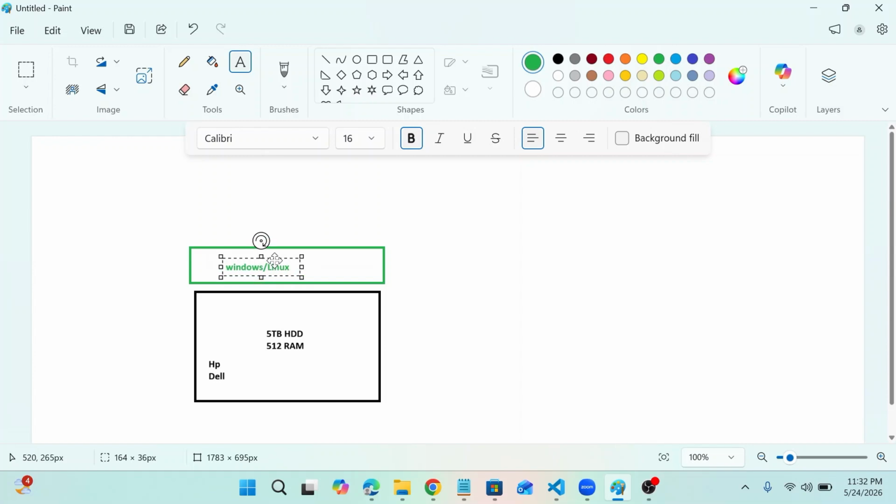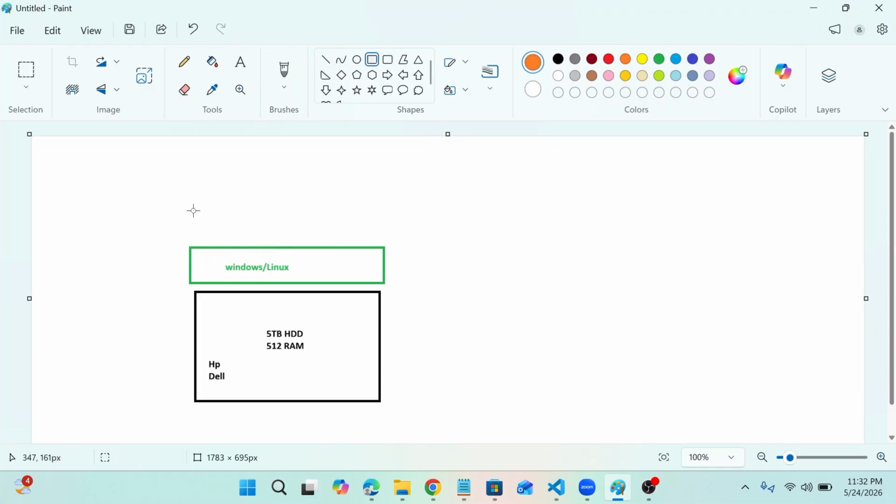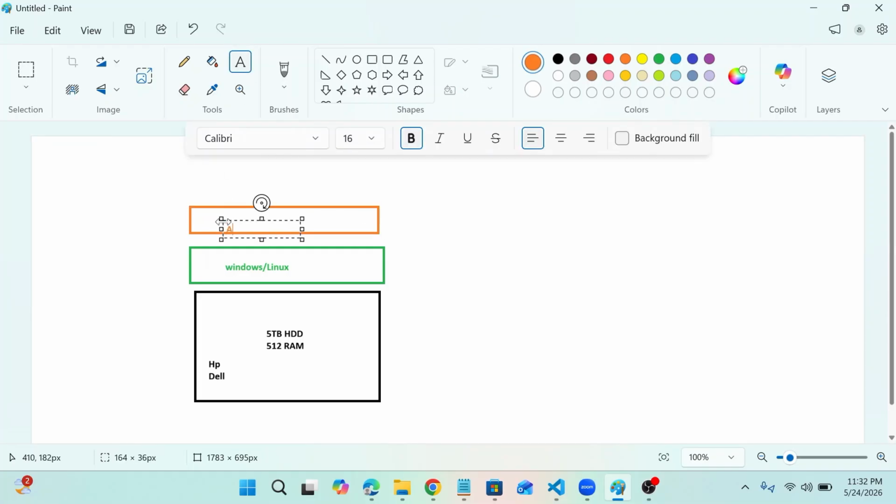On top of it, we have an application. So let's take this as the application. For example, this is one application in one region.